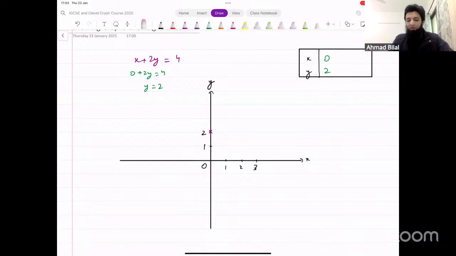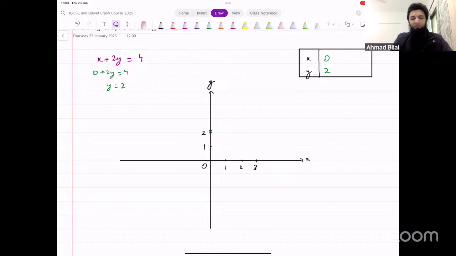Take any other value of x, any random value of x, or you can also do it like this: since you already have the y-intercept, now you can find the x-intercept as well. How do you find the x-intercept? The x-intercept is when y is equal to 0. So the other point that you take could be when y is equal to 0. When y is equal to 0, you get x equal to 4.